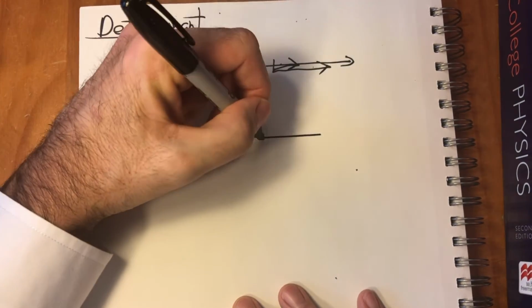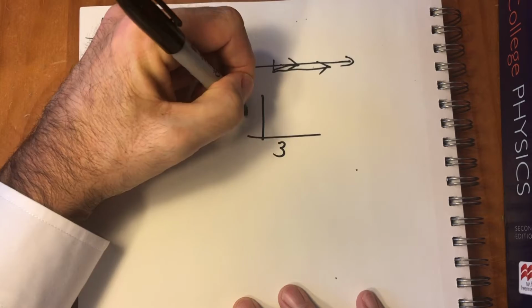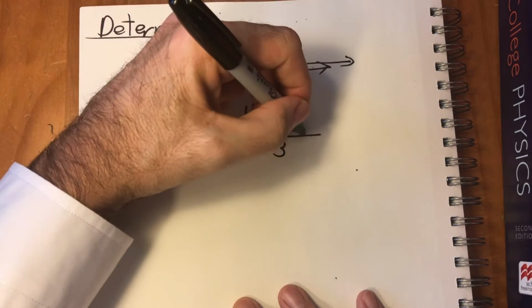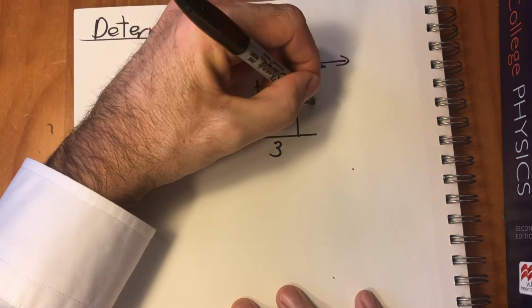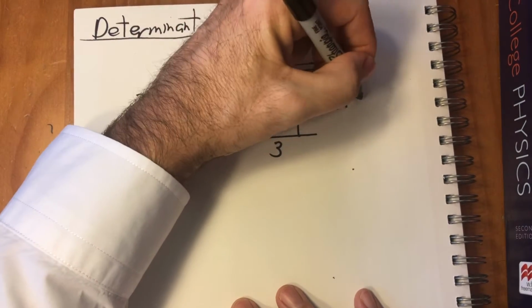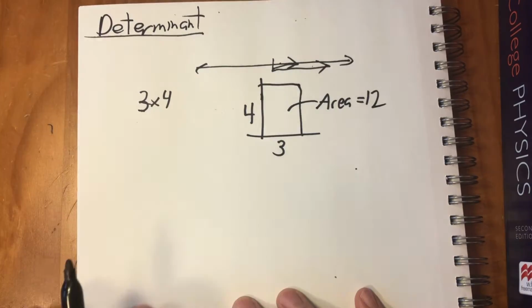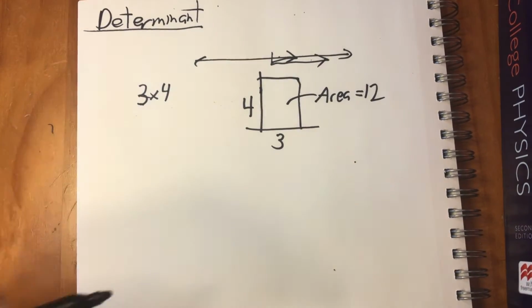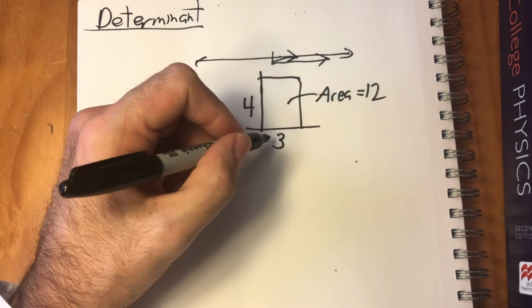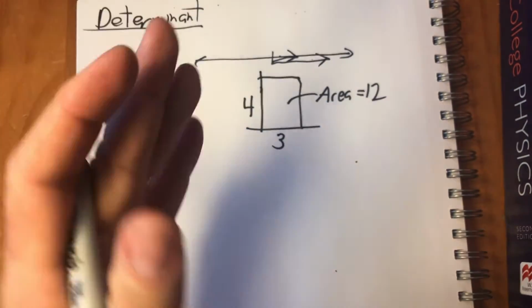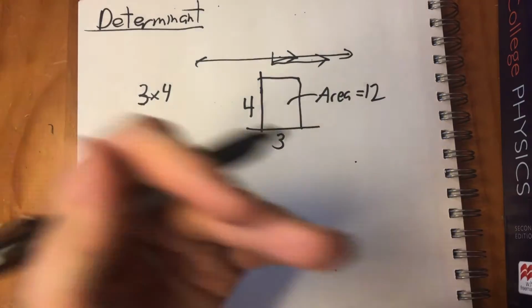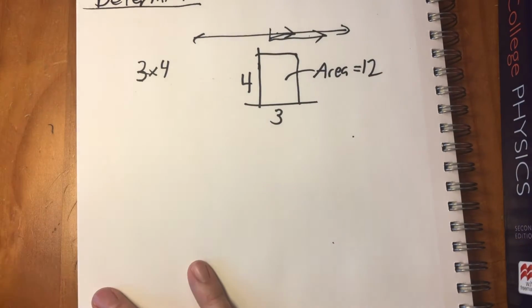In other words, if we have a box here, we end up with an area of 12, right? 3 times 4. That in some sense is what the determinant does. You're multiplying the components in opposite directions, how they affect each other in the opposite direction instead of in the same direction.